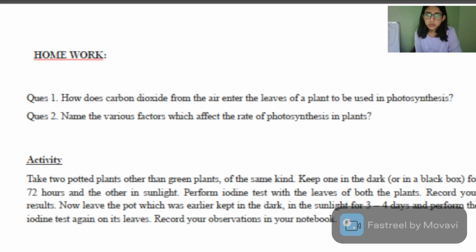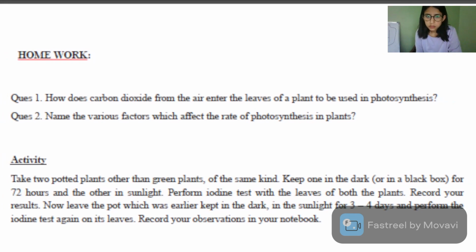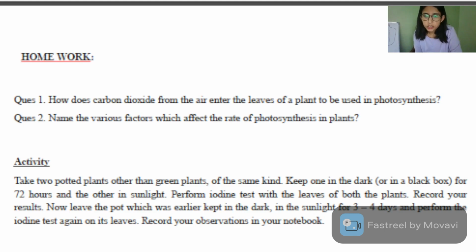Then the activity which you need to do is, you will take two potted plants of the same kind. Keep one in the dark, in a black box, we can say, for 72 hours and the other in sunlight. Perform the iodine test with the leaves of both the plants.